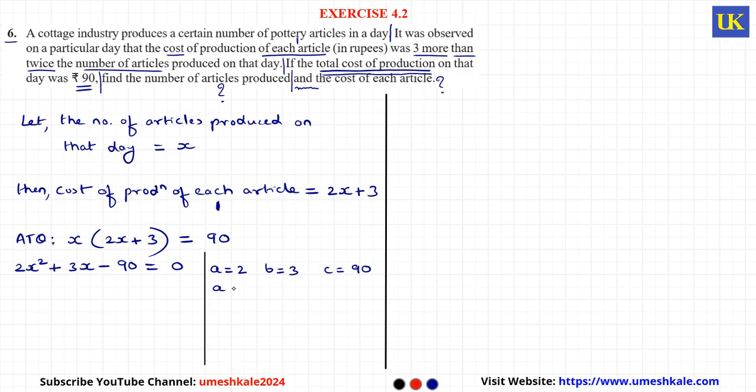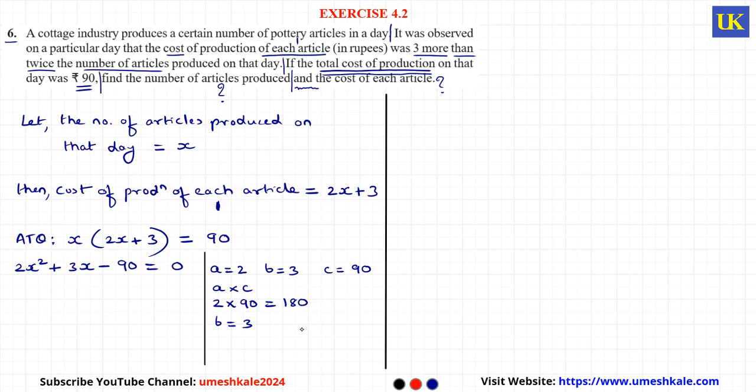Then we have to follow this method too, because we have to split this middle term into two numbers, and to find out which are those two numbers we need this rough calculation. Okay, so 2 into 90, so 180, and b is equal to 3.